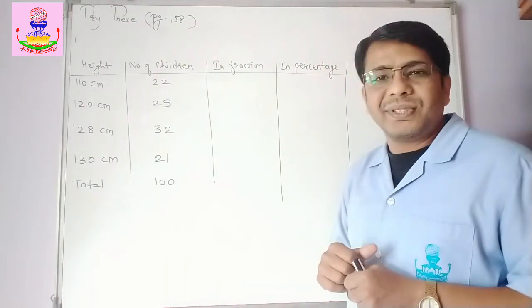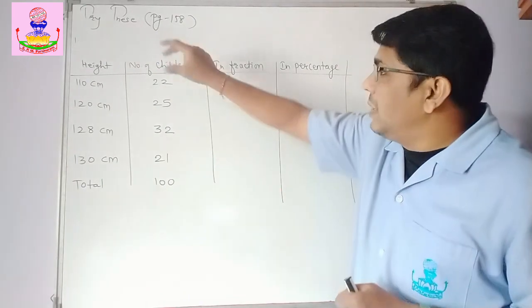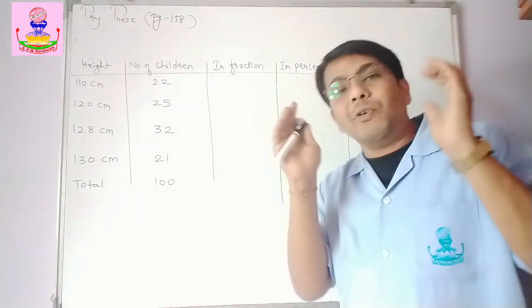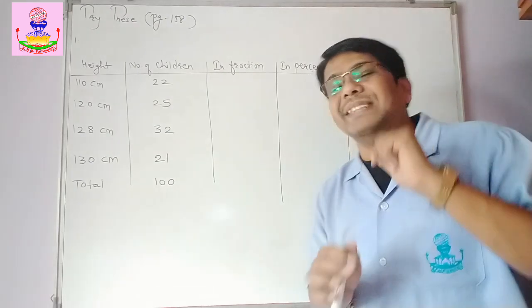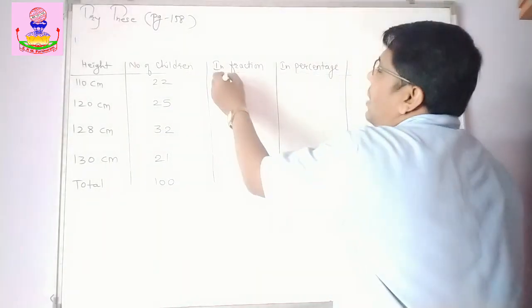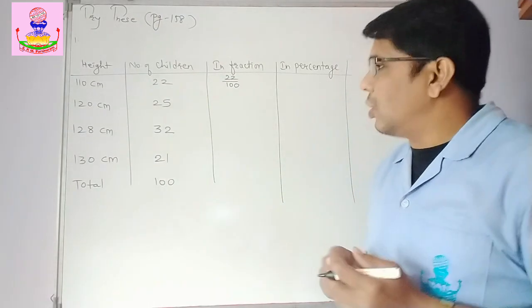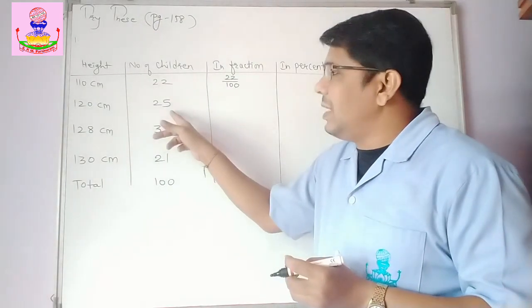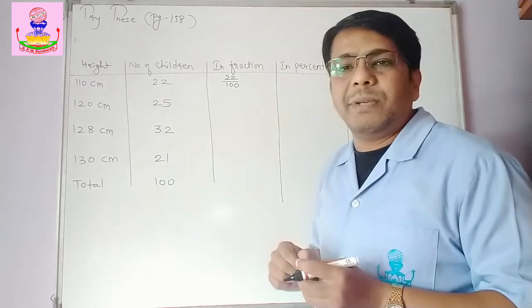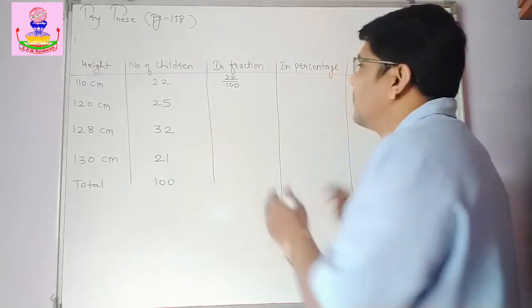Okay, now in fraction. 22 children out of how many? What is the total? Out of 100. So in fraction, how can we write? 22 upon 100. Then how many children are there of 120 centimeter? 25 children.